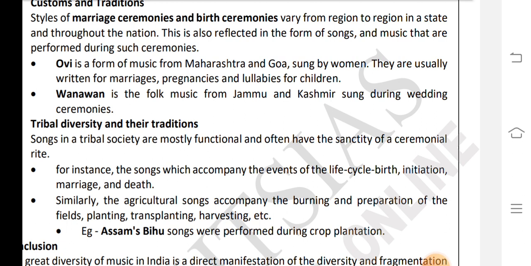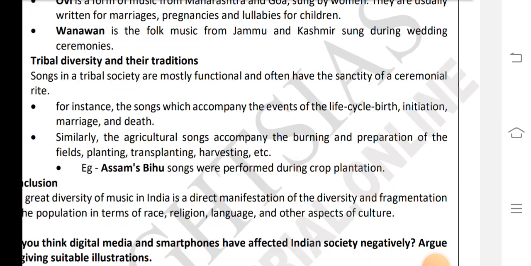Customs and traditional styles of marriage ceremonies and birth ceremonies vary from region to region and state to state throughout the nation, and this is also reflected in the forms of songs and music that are performed during such ceremonies. Ovi is another form of music from Maharashtra and Goa, sung by women. They are usually written for marriages and pregnancies and as lullabies for children.